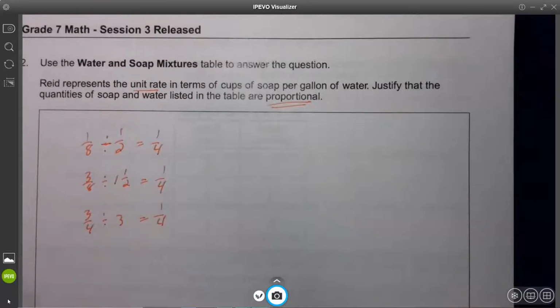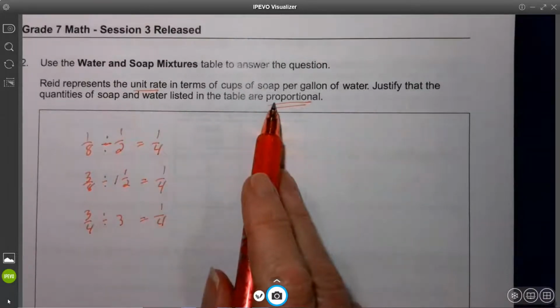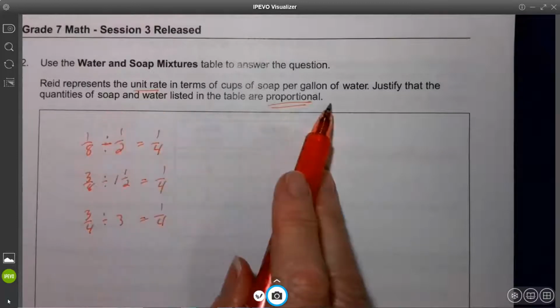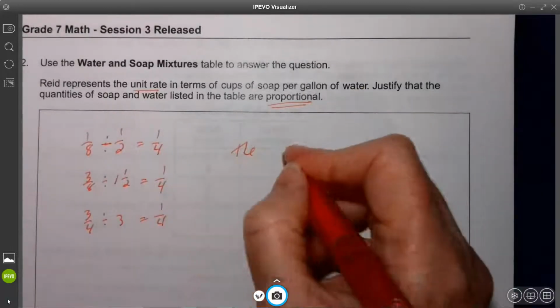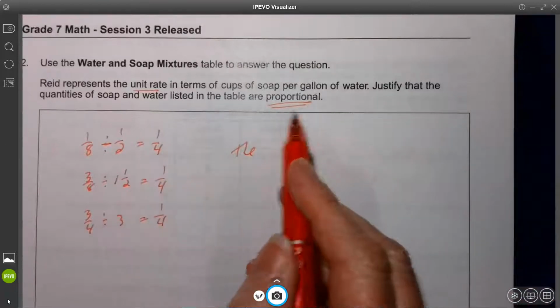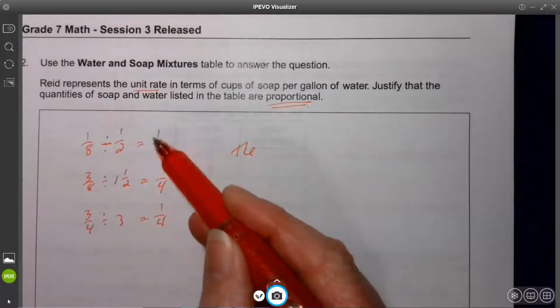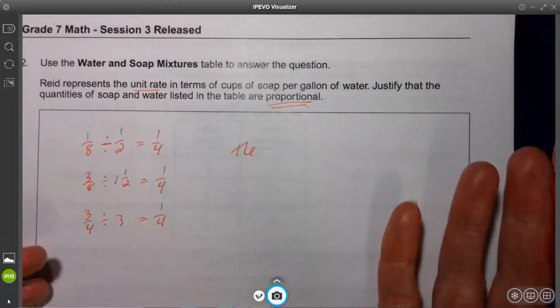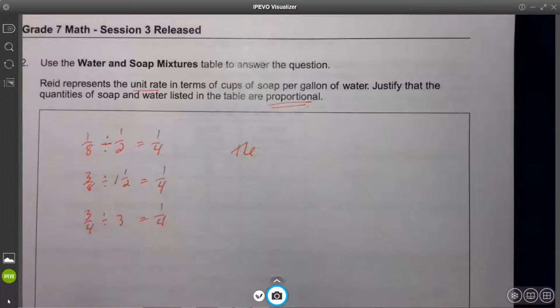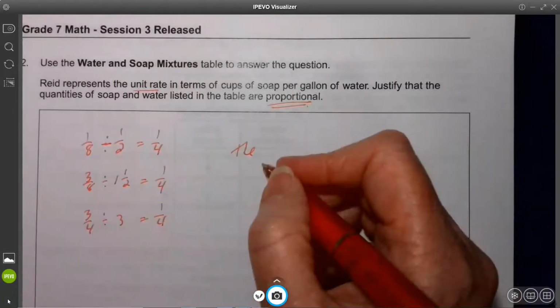So we're going to say that the relationship between soap and water is proportional. And you don't have to use my exact words, but you're going to say something about that it is proportional. And the reason I know this is because when I went to find the constant of proportionality, it is 1/4, which is the same for all of them. Okay, that's what you're going for. Okay? So if you want to write that out, I'll keep writing mine.